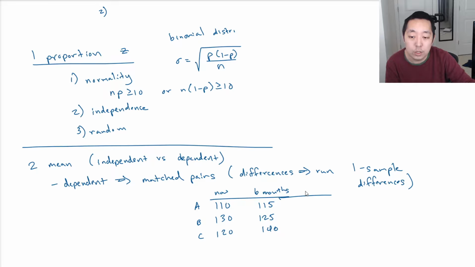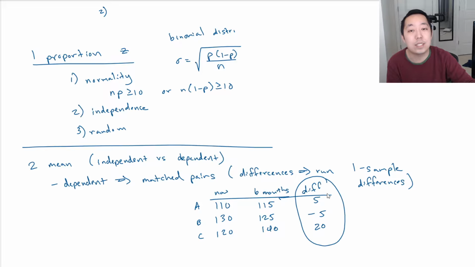Then what you would do instead is take the difference of the individual samples. This is a positive 5. It doesn't matter which direction you do it in as long as you're consistent. So I'm going to do 6 months minus now: 5, then minus 5, then 20. And then I would run my test on this data instead, but as a one sample.